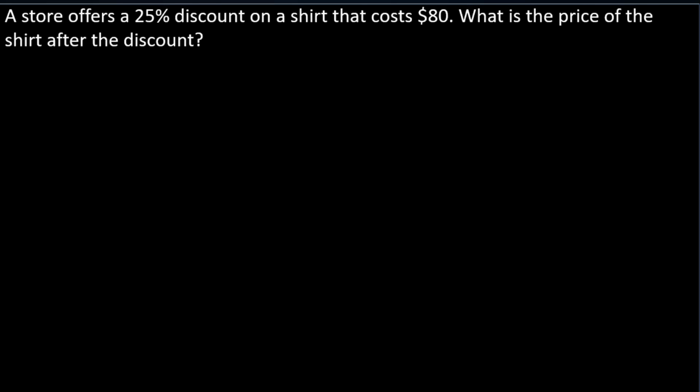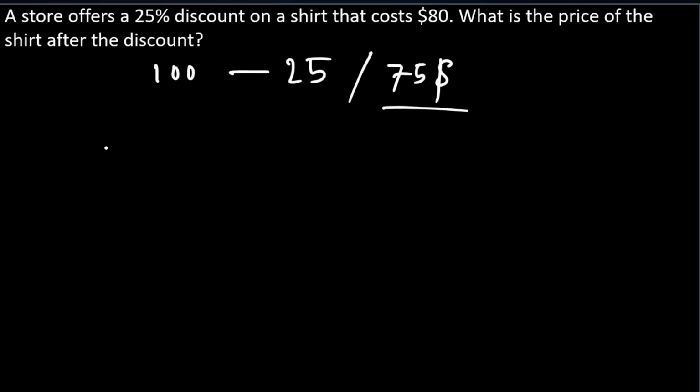Now come to another problem. A store offers a 25% discount on a shirt that costs $80. So for $100, after the discount of 25, the real price is $75. So for $100 the actual price after the discount is $75.